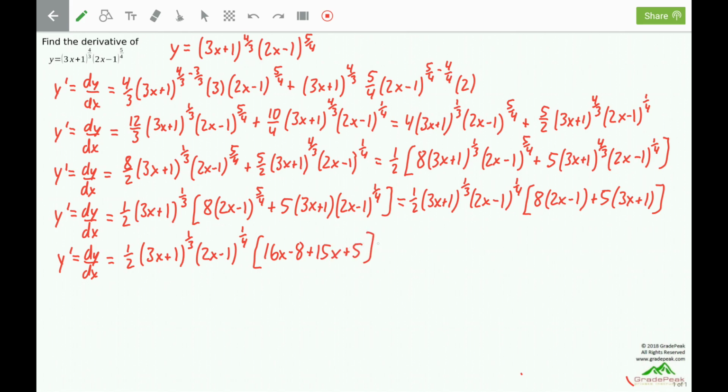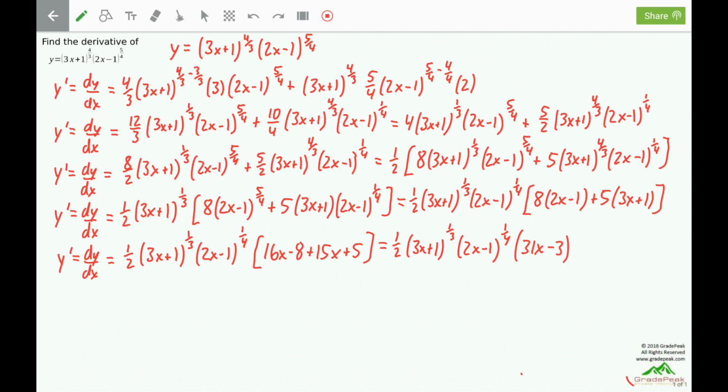And now we can combine like terms together. So we have a 1/2, a 3x plus 1 to the 1/3, a 2x minus 1 to the 1/4, and then adding 16x plus 15x, that'll be a 31x. And then a minus 8 and a positive 5 will be a negative 3.